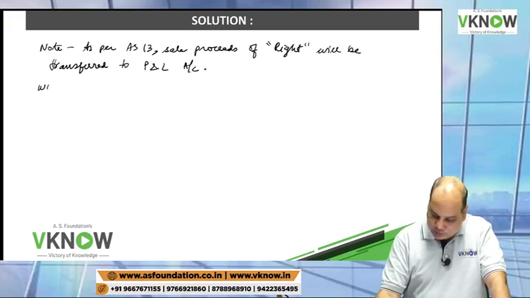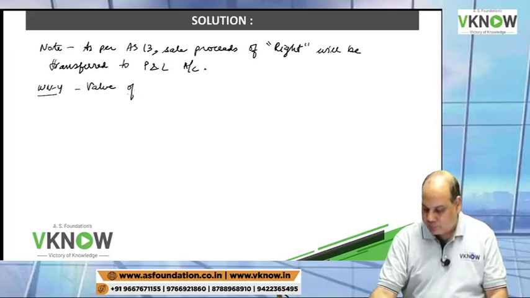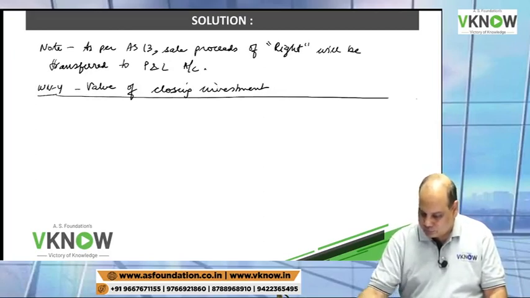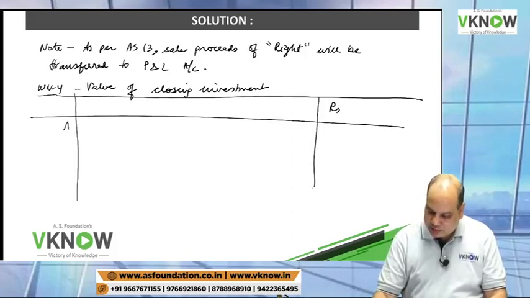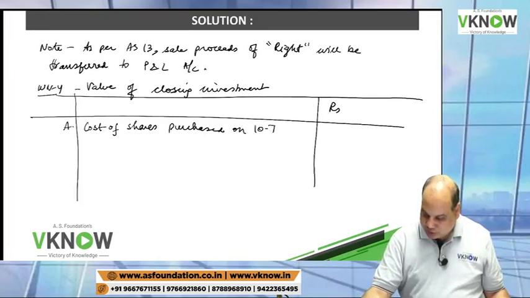Step 4, write down: value of closing investment. On the right hand side in rupees, just add the two investments that we have purchased. Cost of shares purchased on 10th July 2020.